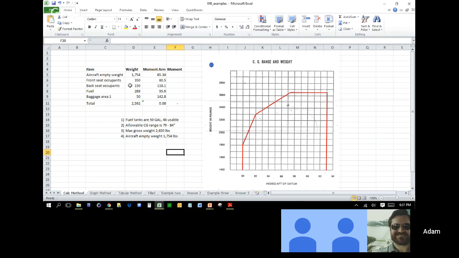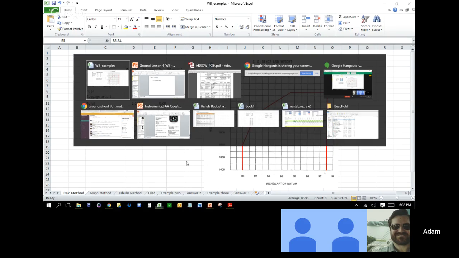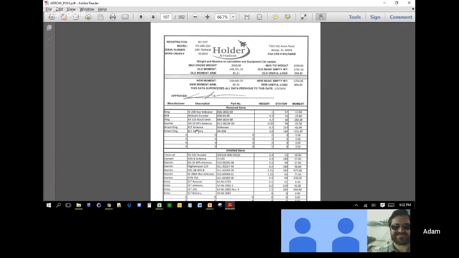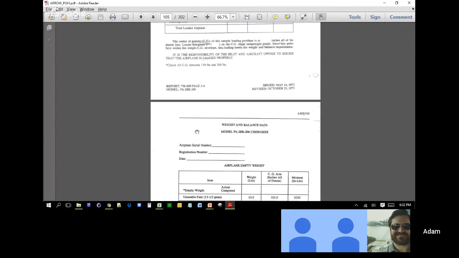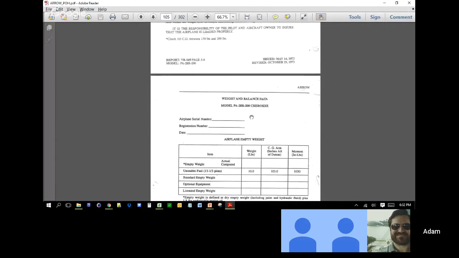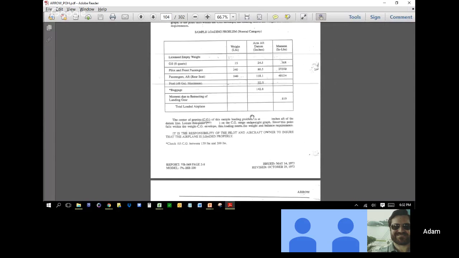I'm going on a flight, and I know all my weights here, and my moment arms are all known because, from an aircraft perspective, if we're talking about one aircraft, we'll be able to get that in our pilot's operating handbook.